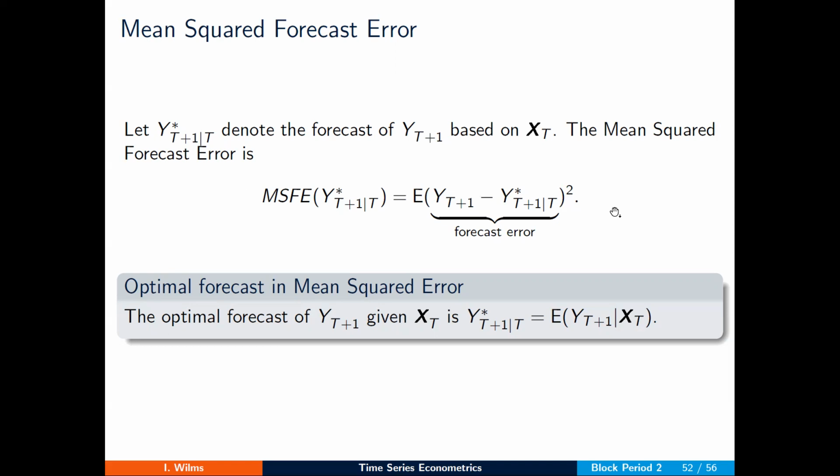Or in other words, the expected squared error we make in forecasting this random variable, when we make use of all available information up until time point capital T, as denoted here by this information set XT.